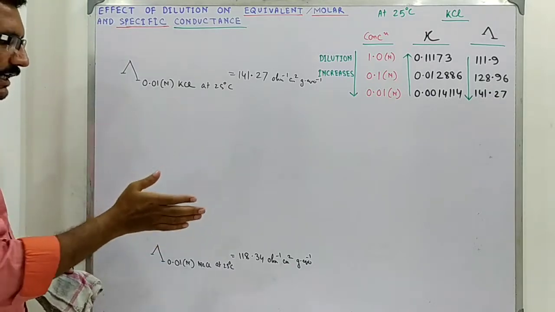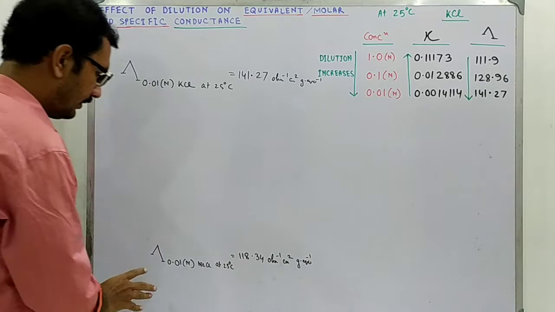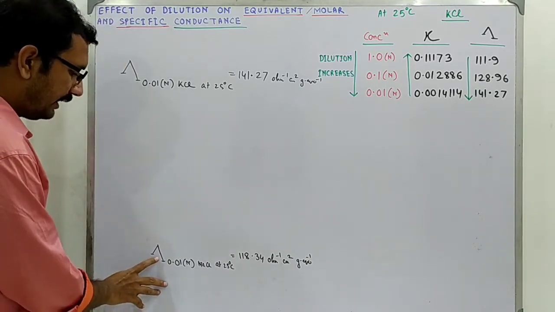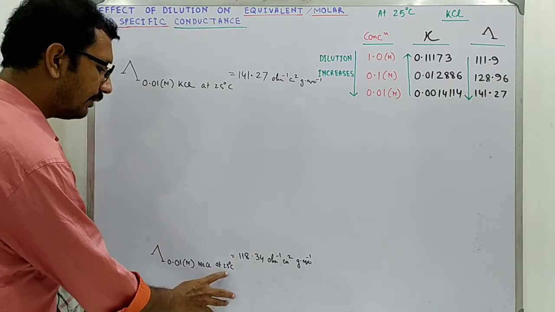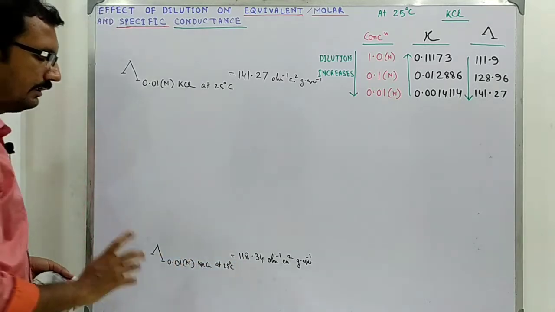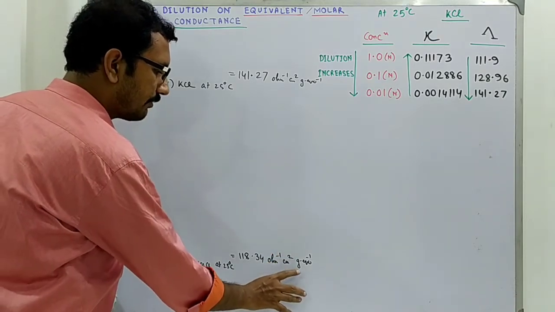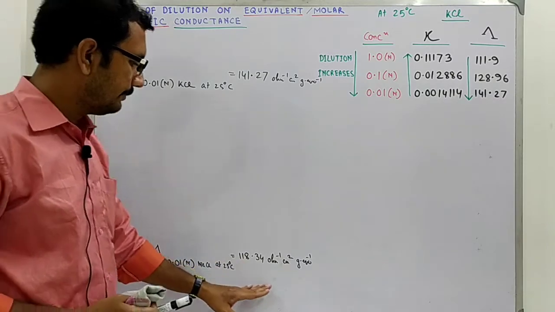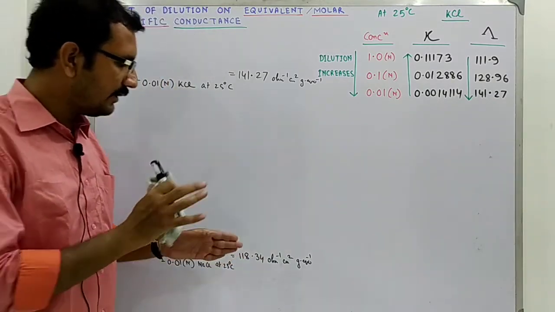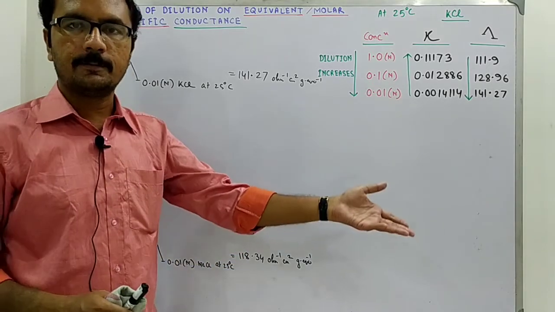So, here see, I have solved the problem where I have found the equivalent conductance of 0.01 normal NaCl at 25 degree centigrade to be 118.34 ohm inverse centimeter square per gram equivalent. So, when you get this value, do not be satisfied with yourself that I have got the value, I have to report it to the teacher.